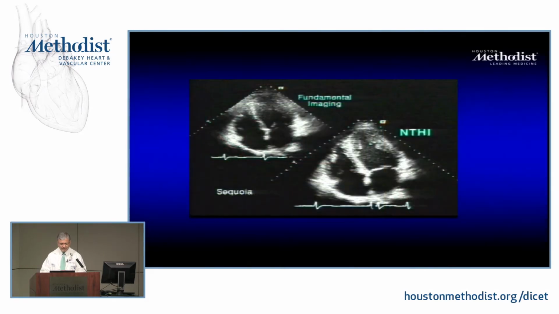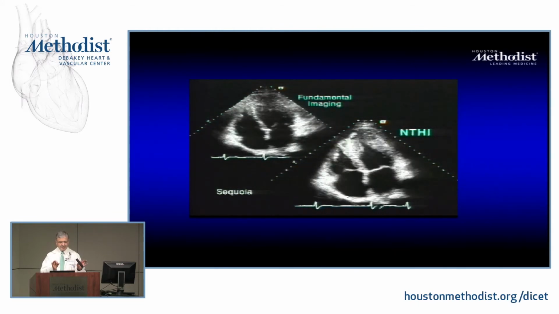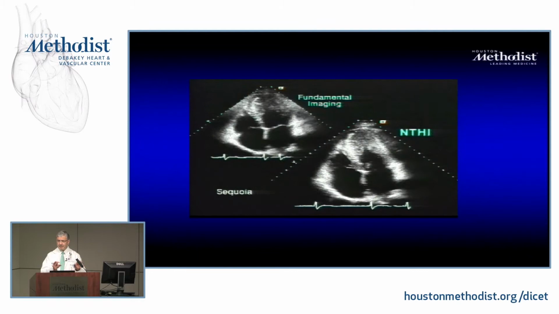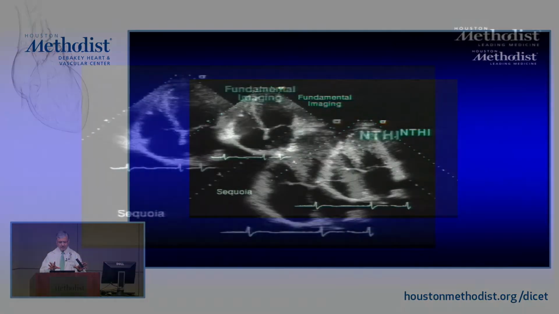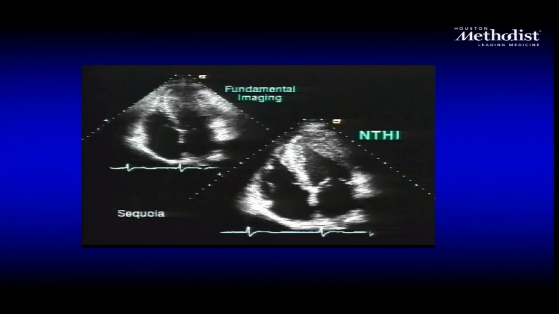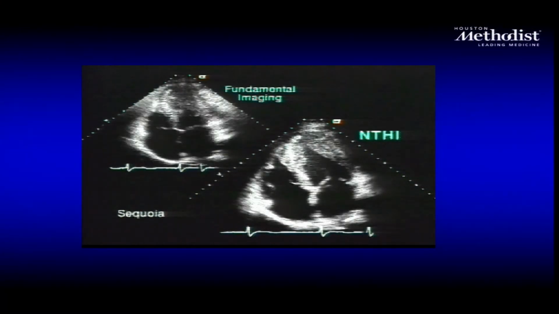And the beauty of it, and you could see, this is an old picture, probably we should update it at some point in time. This is the same patient, fundamental imaging, tissue harmonic on the right side. See the clutter I talked to you about in the proximal area? Much nicer definition of this hypertrophic cardiomyopathy, apical type, with almost like a spade distribution.